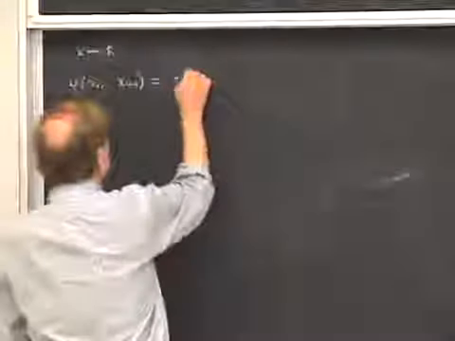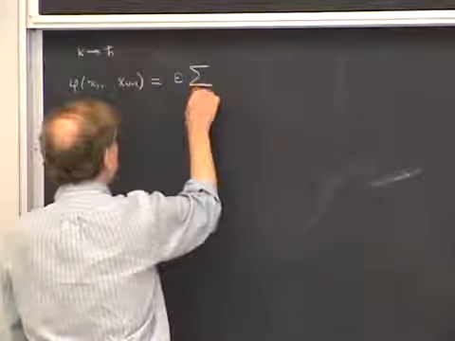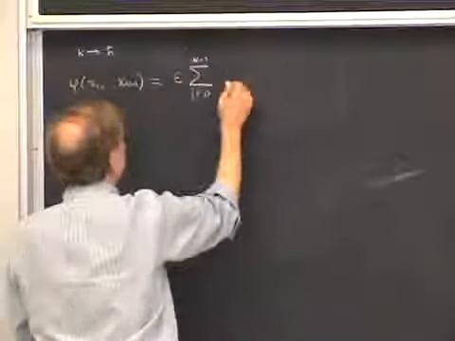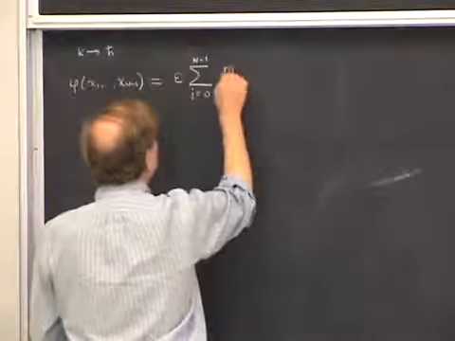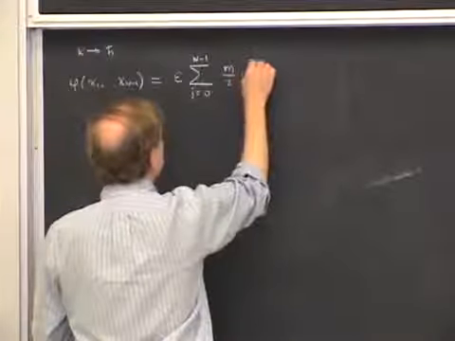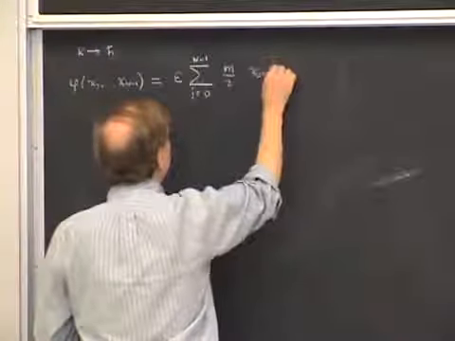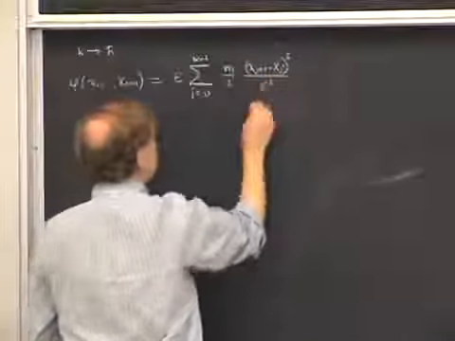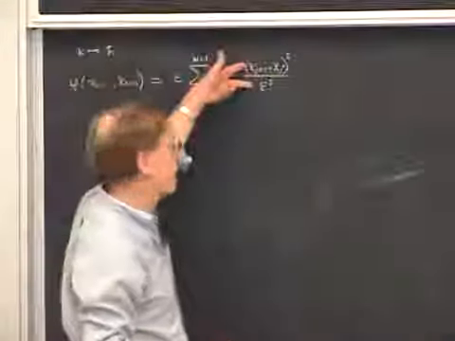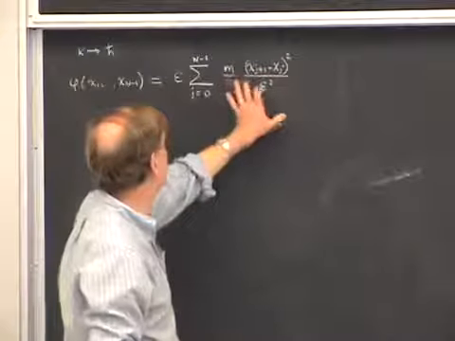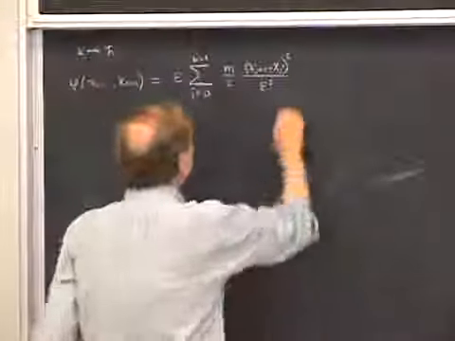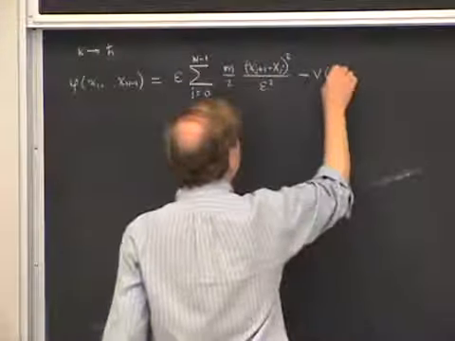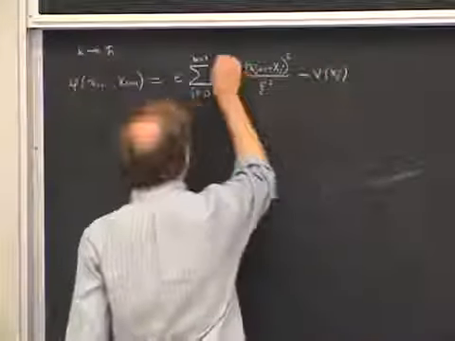This is epsilon times the sum of j equals 0 to n minus 1, and then we have m over 2 times xj plus 1 minus xj squared over epsilon squared. This is a discretized kinetic energy, delta x over delta t quantity squared times m over 2, minus potential energy v evaluated at xj.